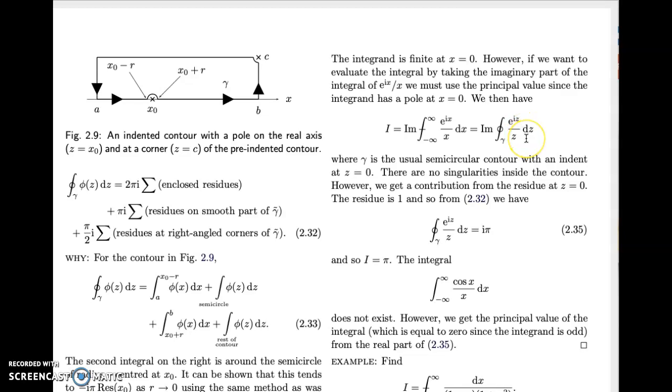The residue is easy to calculate. You can use p over q dashed. q is z, so q dashed is 1, and e to the 0 is 1, so the residue is 1. So the answer to this integral is i pi. And the integral we want is the imaginary part of i pi, which is pi. So the integral of sine x over x is pi.